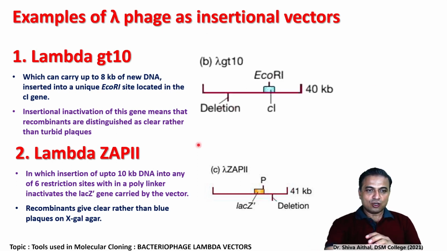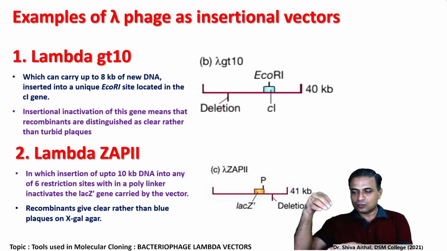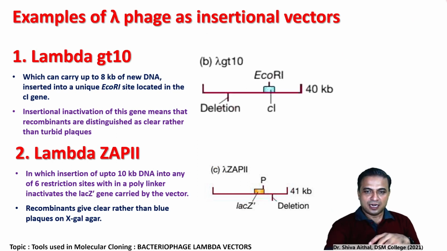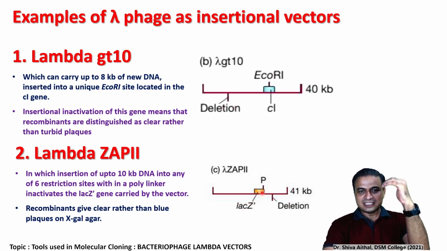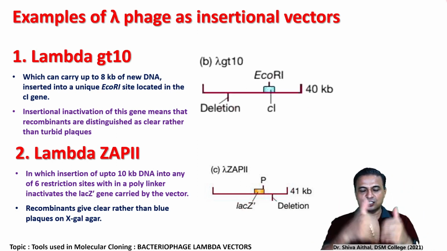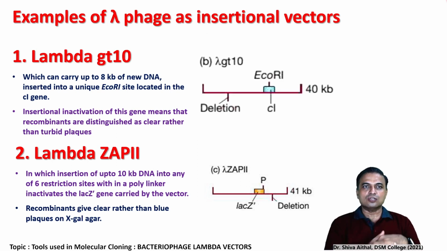So here the recombinants give clear rather than blue plaques. Blue plaques mean that no insertion has taken place, and you are using this lacZ gene as one of the polylinker sites, which gets inactivated when it is used for insertion. So these are the two examples of lambda phage as insertional vectors.